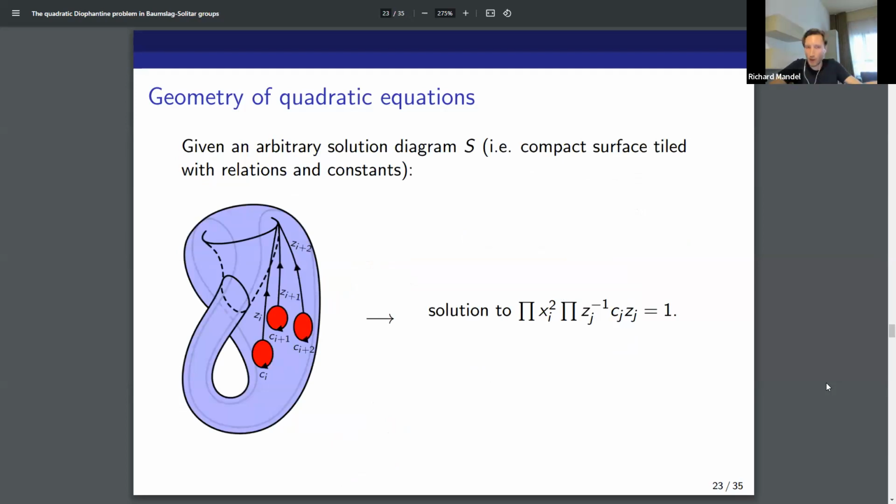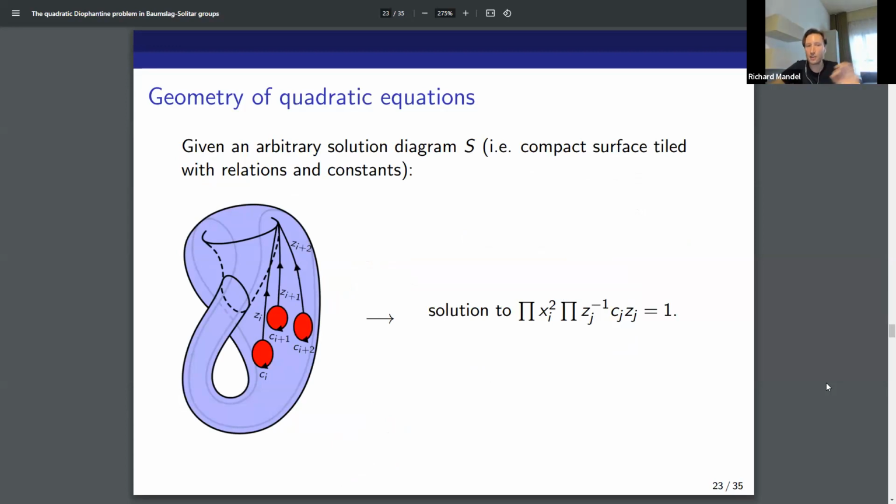And we can go in the other direction very quickly. We can start with what we call a solution diagram, and this is just any closed compact surface tiled with the T-band relations and some group constants.